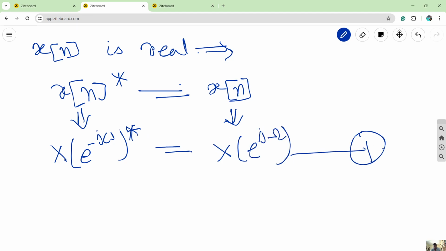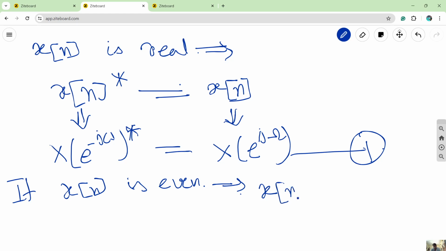This is equation number 1. So now if x of n is even, then x of n equals x of minus n.